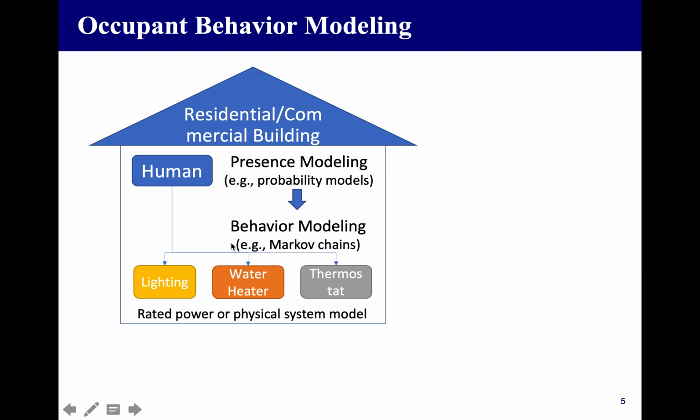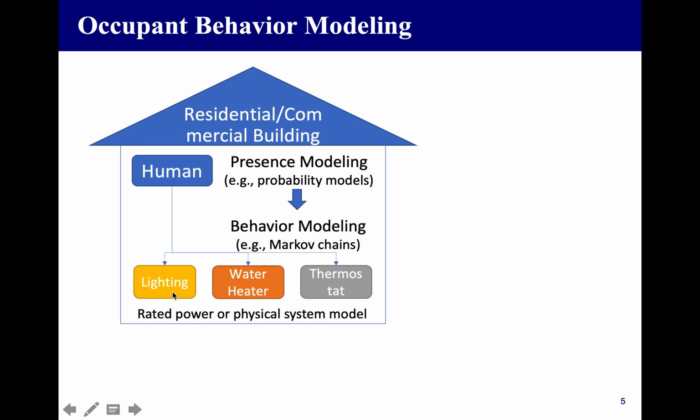And here the behavior means the interactions between the occupants with the building systems, such as the lighting system, water heaters, or thermostats. And for this part, a common method is to use Markov chains to predict occupant behavior.